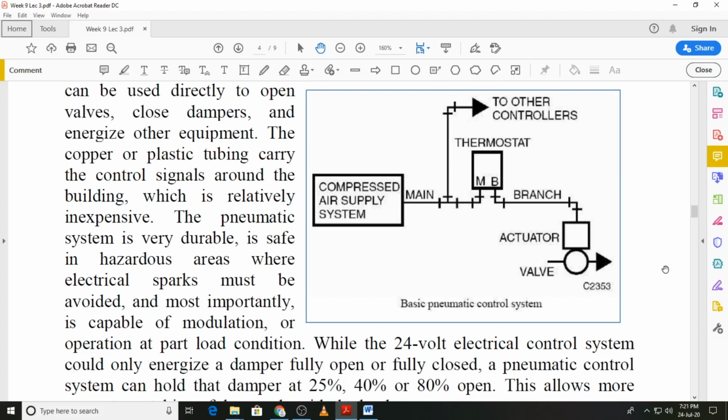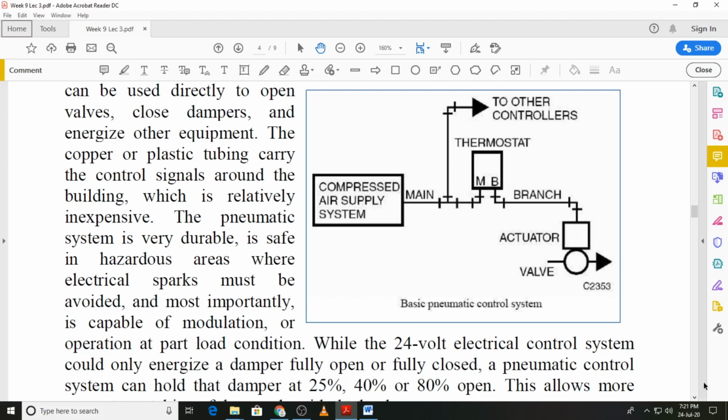modulating various components. For example, like a damper, if you are using a 24-volt electrical control system, that will only have an on and off requirement for the damper. But if you want the damper to be open at intermediate positions, you can use pneumatic controls, and we can have the damper open at various intermediate positions.